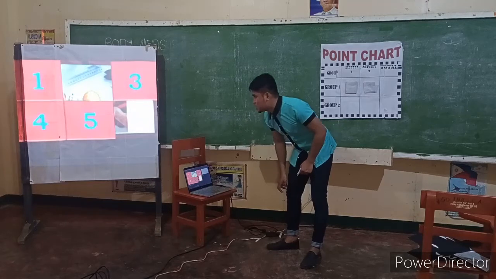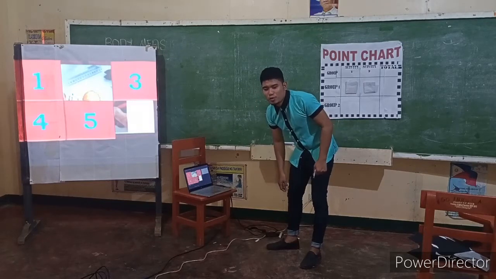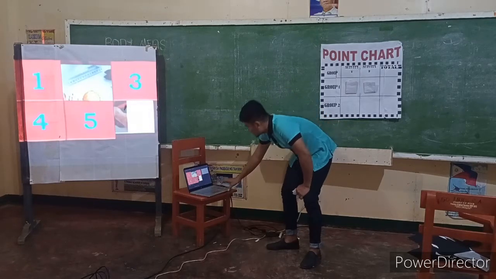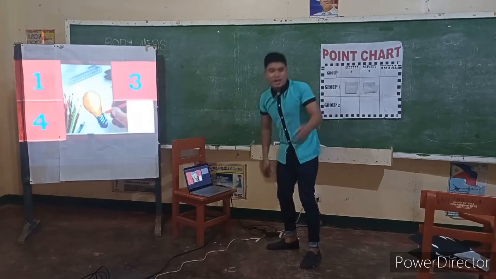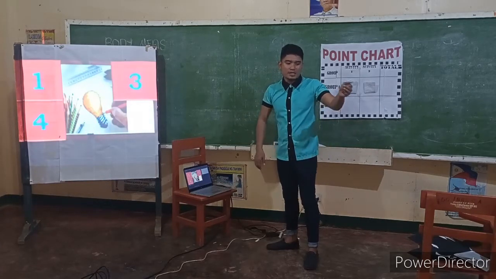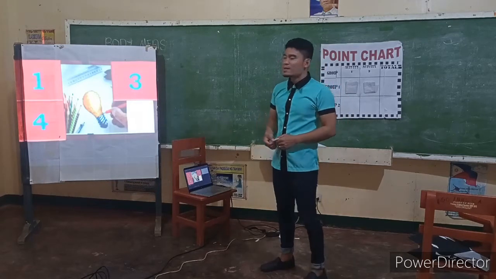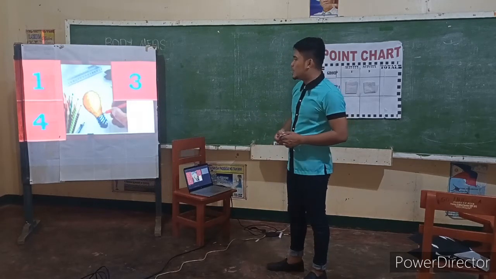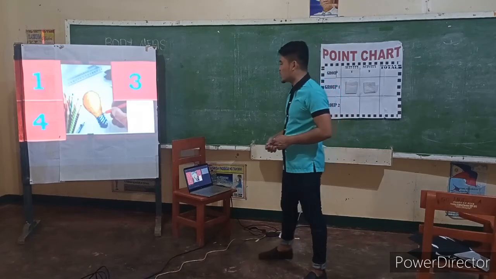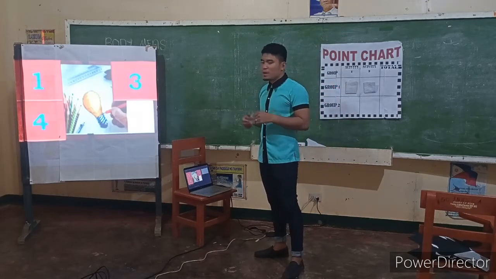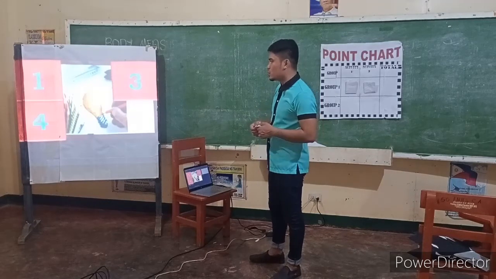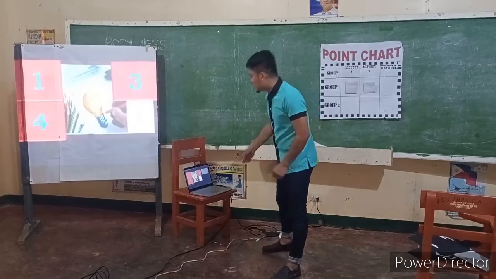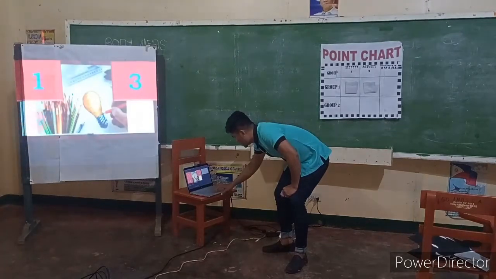How about number 6? Anyone from the group? Okay, no one. Let's remove number 5. Okay, yes, group 1. Very good. Group 1, guess the picture behind the box. Okay, so the picture behind the box is a bulb drawing with a bunch of pencils. Okay, very good.